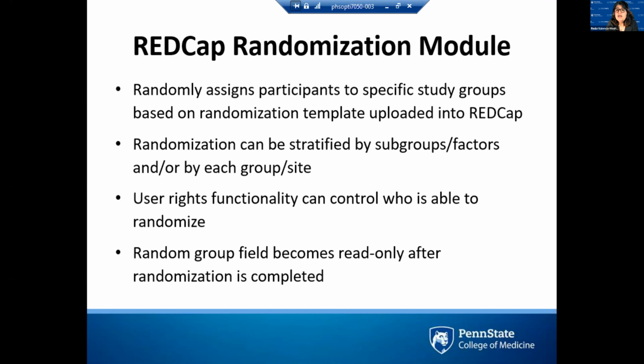REDCap requires you to have two tables: one that will be used during the development or testing of the project, and a second table that will be uploaded during the production status.